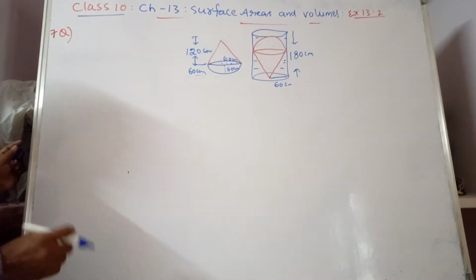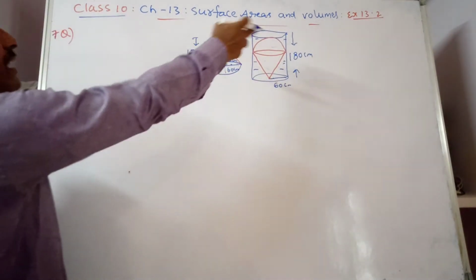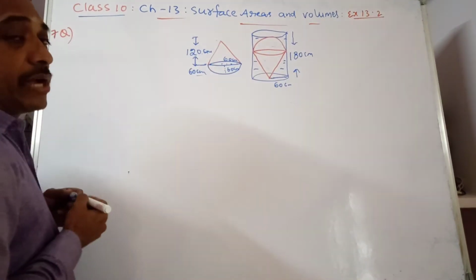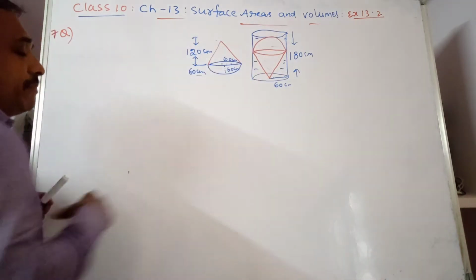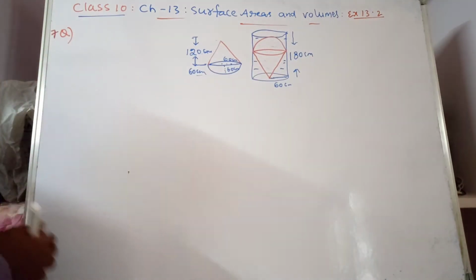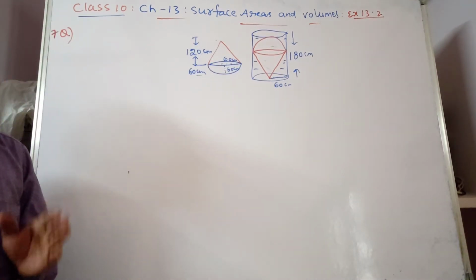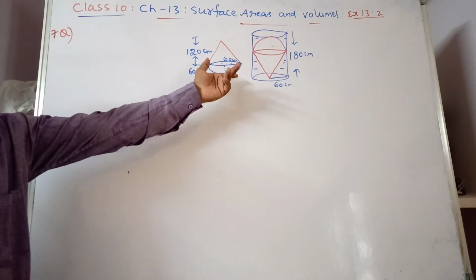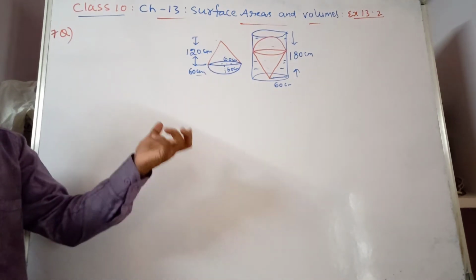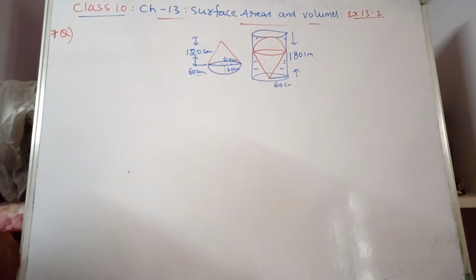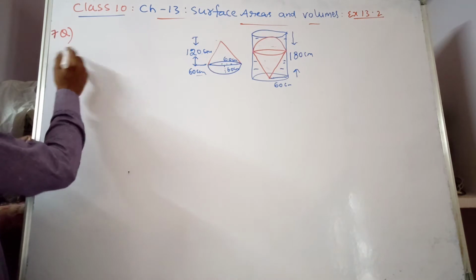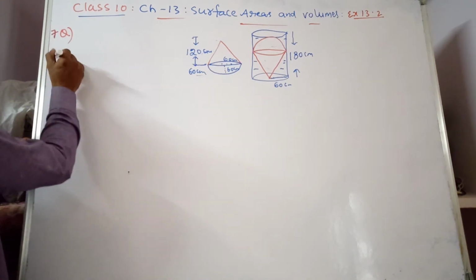How much water is left over after keeping this solid? All the measures are given. So volume of the cylinder minus volume of the solid will give you the volume of the water left over in the cylindrical part. So first we'll find out this part, the cone.